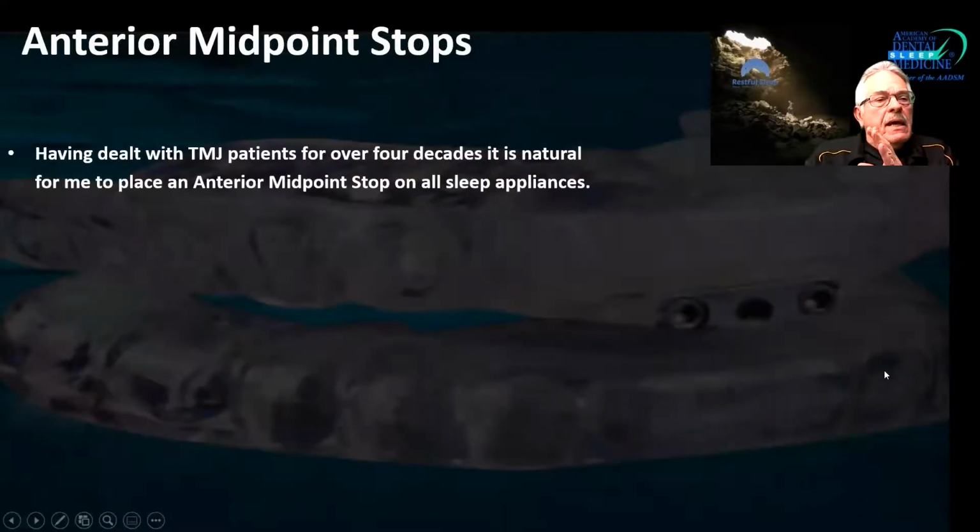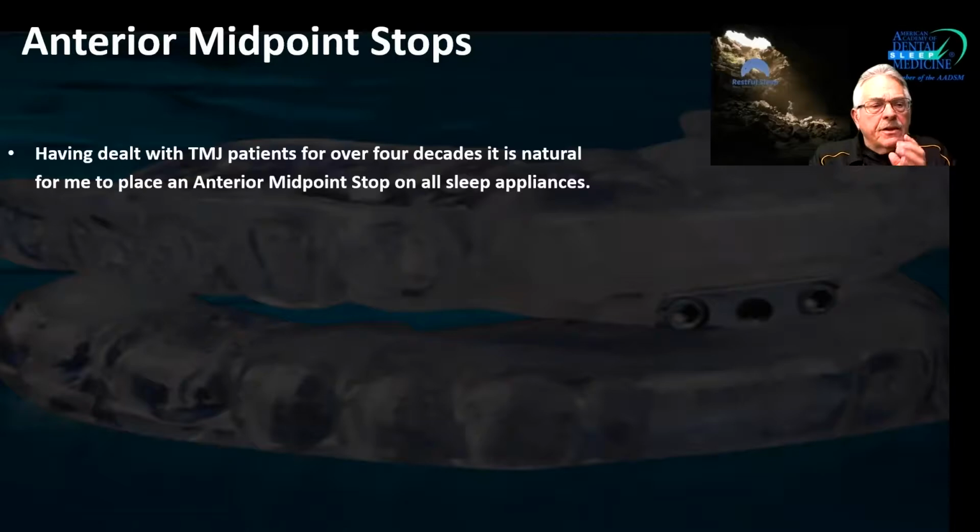So anterior midpoint stops. Having dealt with TMJ patients for over 4 decades, it became very natural for me to place an anterior midpoint stop on all of my sleep appliances, not some, all.